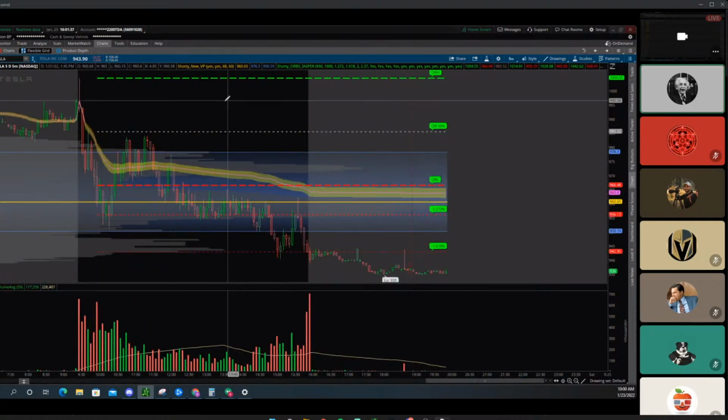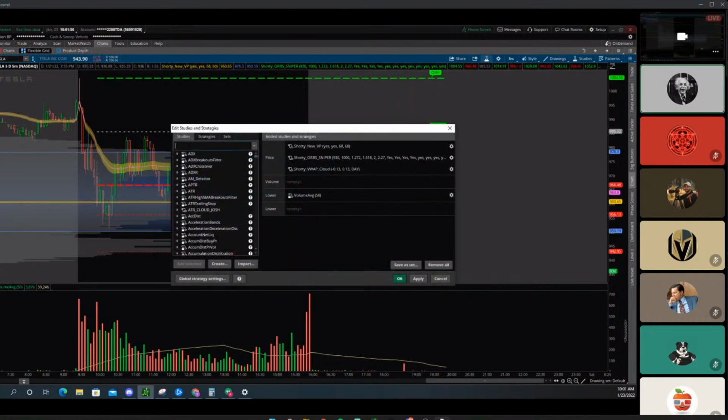Now we have the VWAP, and that will be used as a second confluence. So you have the orbs as the first one, either orb high, orb 50, or orb low. Then you have the VWAP, and then you have the POC as well, which can be used as a confluence point. Then the last one is just a trend bar, right?